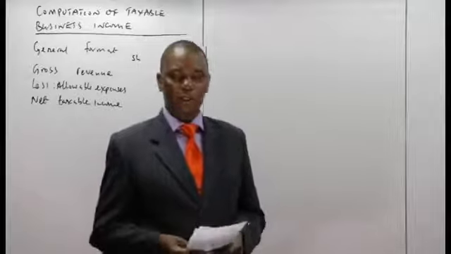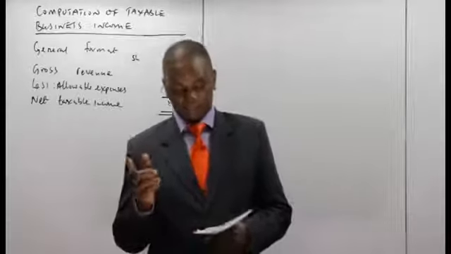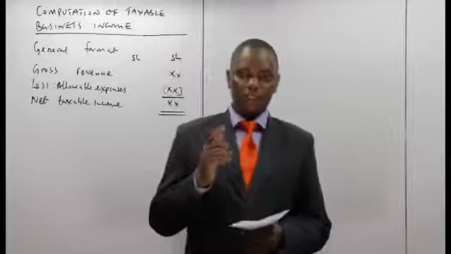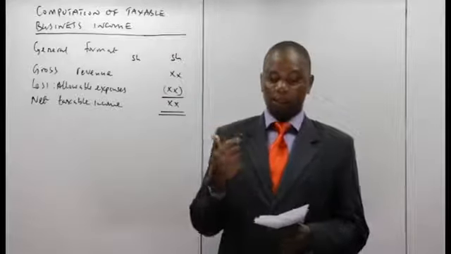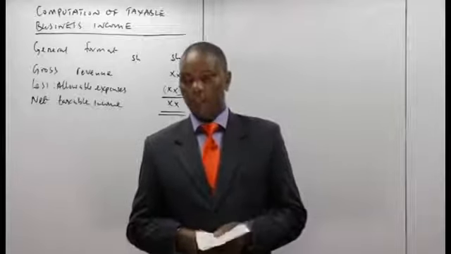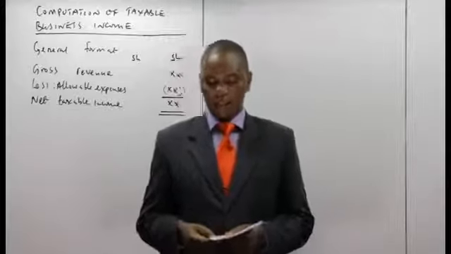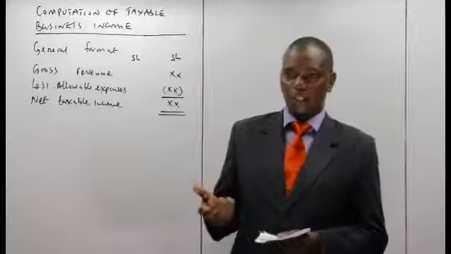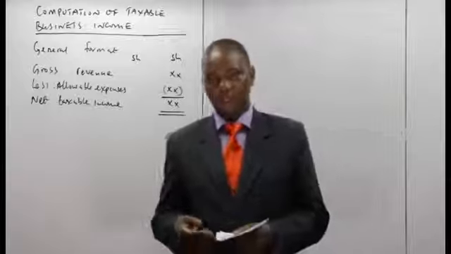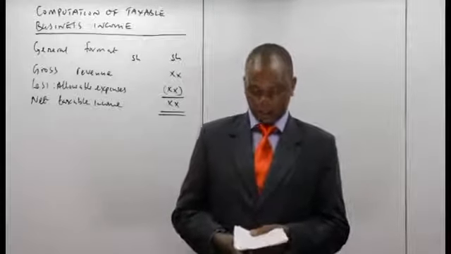Then in our list, we also have expenditure incurred on scientific research. Expenses incurred on scientific research, whether capital or revenue expenditure, are also allowable, so long as they relate to invention and innovations. That is allowable.